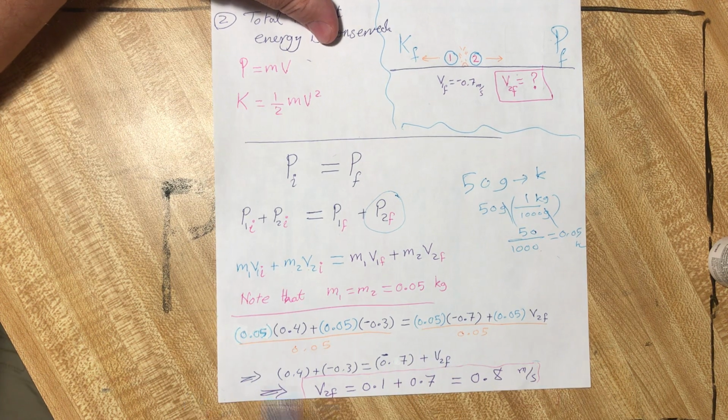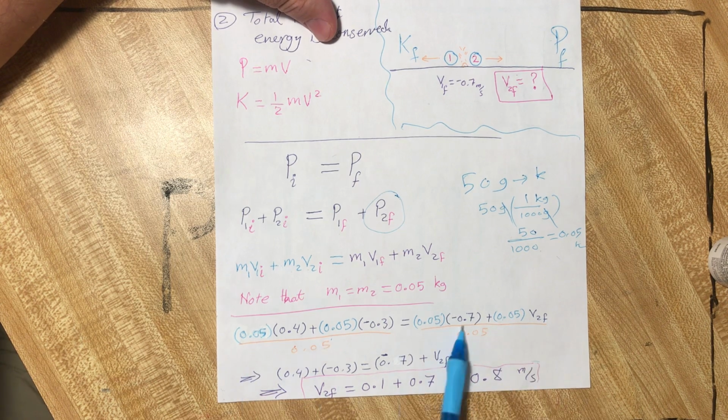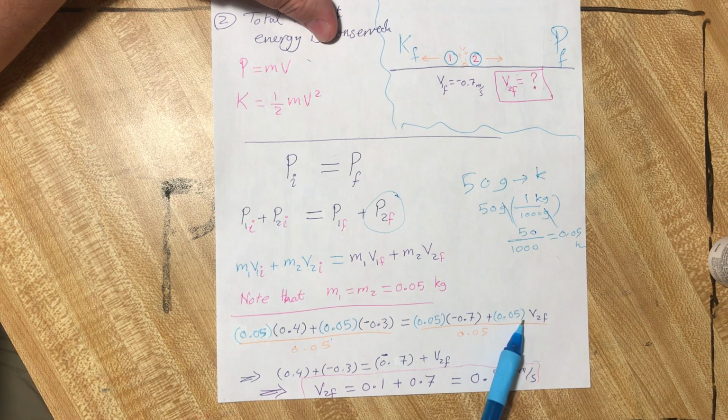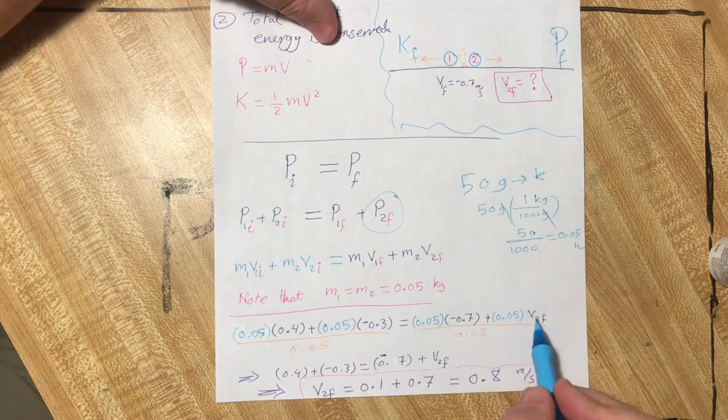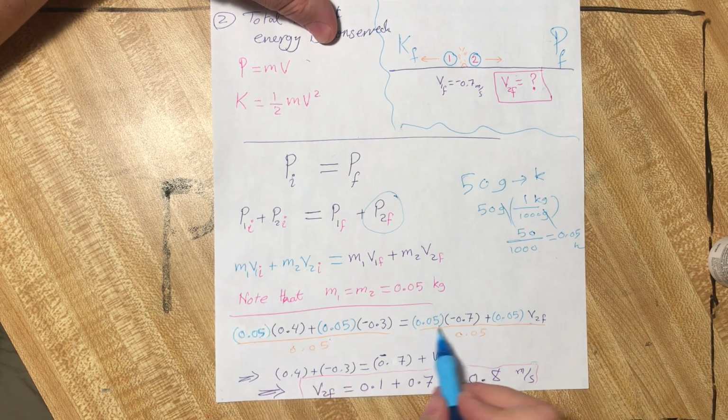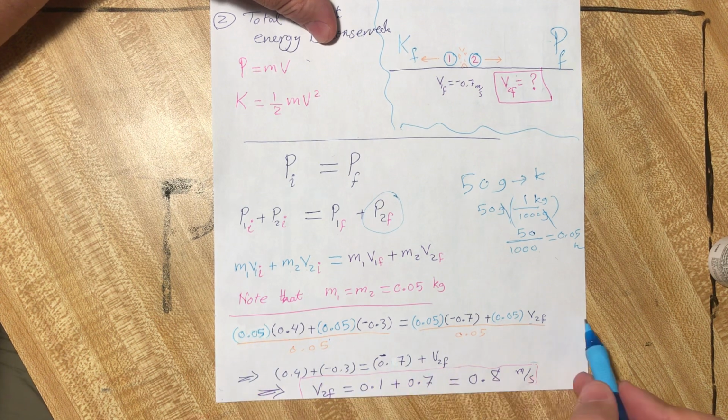Now you see that we have the same mass multiplied in each term. What if we divide all the terms by this quantity, which is 0.05? I will divide this term, this term, this term, and this term. That means I need to divide all of my equation by this number.